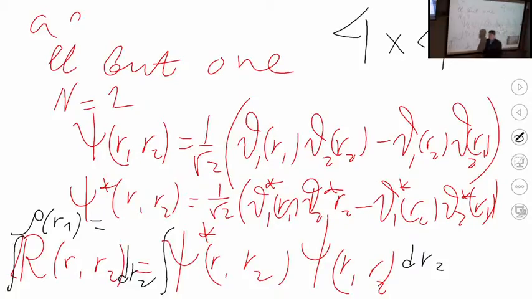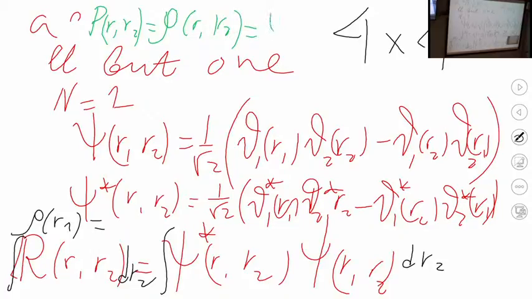If it is a multi-electron wave function, then our probability of R1, R2, or in the language of density, rho of R1, R2, will be the wave function of R1, R2 star times the wave function of R1, R2 without star, right?